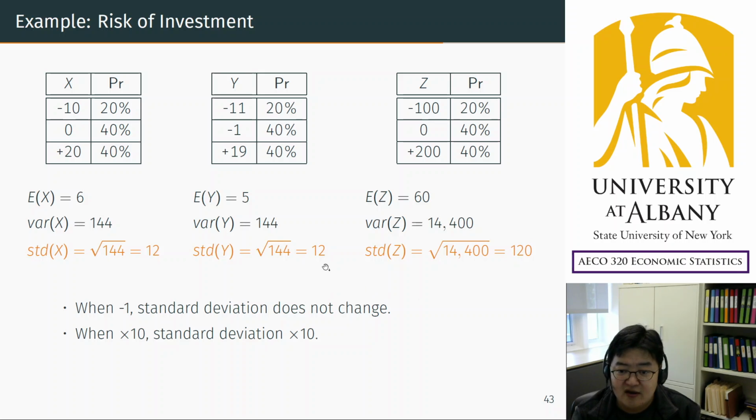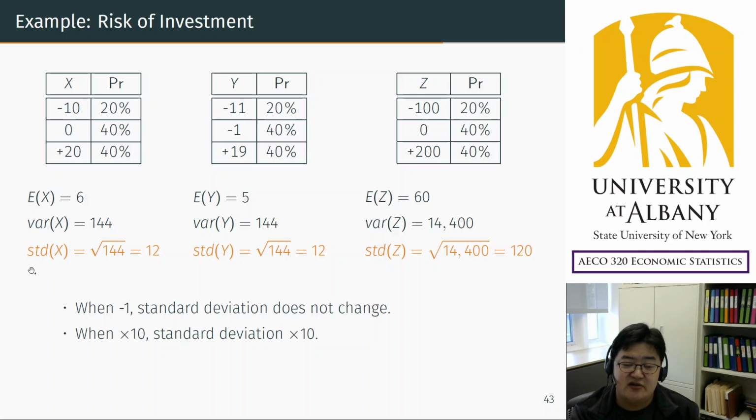As you can see, the standard deviation is 10 times larger than the previous examples, which is exactly what we wanted. Everything was 10 times inflated. So standard deviation inflated by 10 times is a natural thing. It's the desirable scale. That's why we love standard deviation.